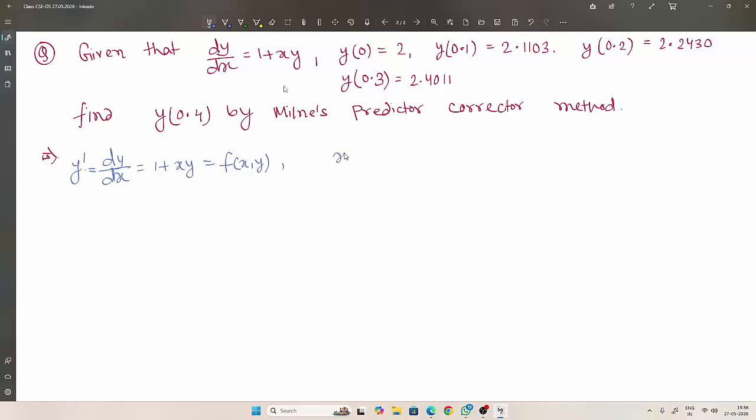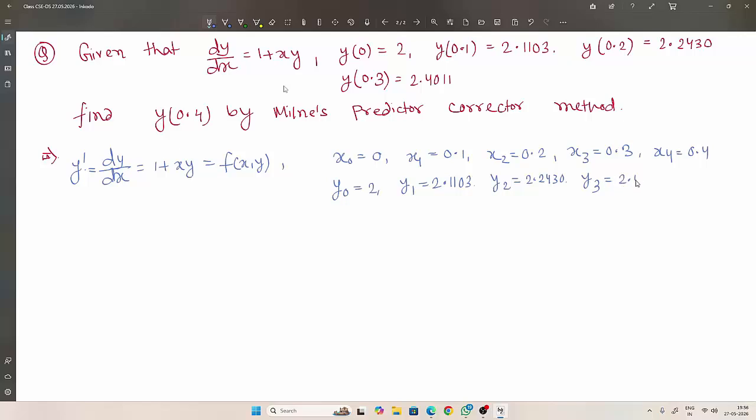And what is x0 here? x0 is 0, x1 is 0.1, x2 is 0.2, x3 is 0.3 and x4 is 0.4. Now y0 is given as 2, y1 at 0.1 is 2.1103, y2 is 2.2430, y3 is equal to 2.4011, and y4 is our target. We will find it.